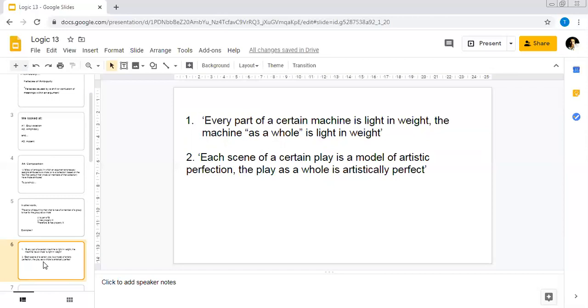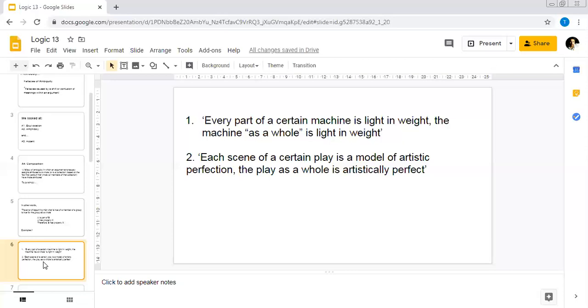Similarly, in another example, we can say that we have a certain theatrical play, and we say that it is a model of artistic perfection, right? We say that it is a great play. Why? Because we say that it is artistically perfect because all the scenes that make up that play are also great.